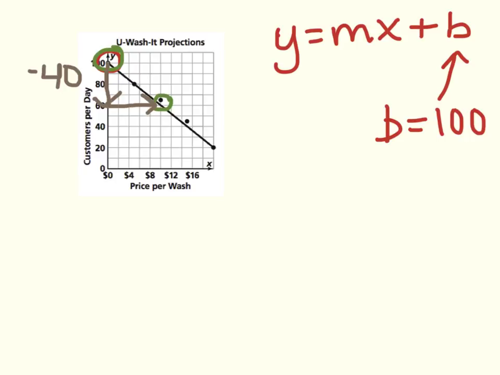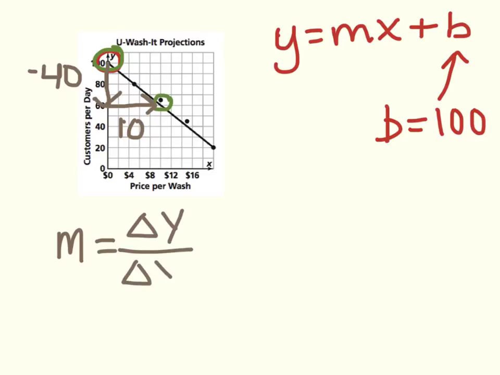Then I can look at the run. It looks like I'm moving over 1, 2, 3, 4, 5 boxes. On the horizontal scale, it's going up by $2 each time. Each box is $2, so 5 boxes at $2 each makes a change of 10. Now to figure out the slope, I'll do the change in y over the change in x.